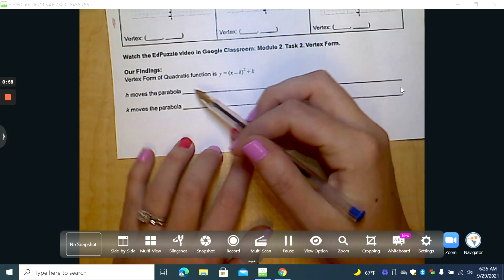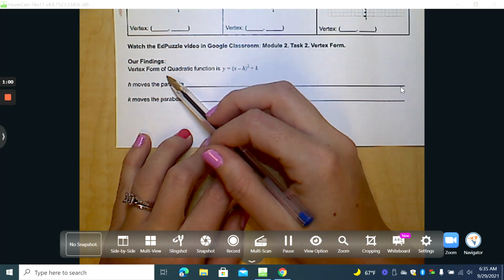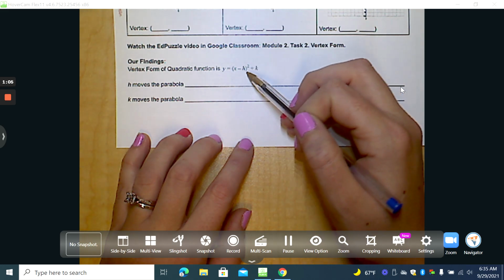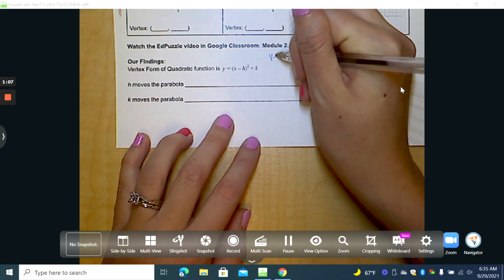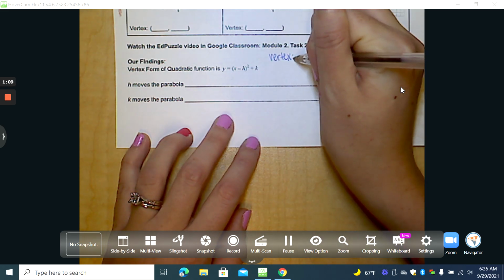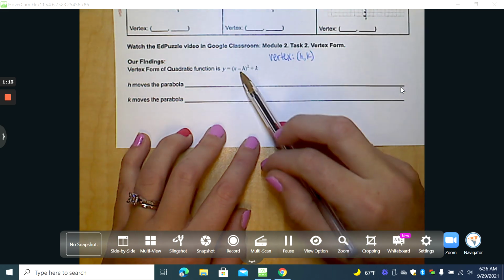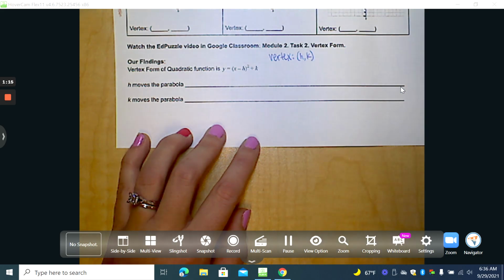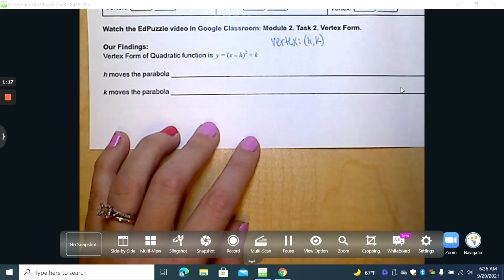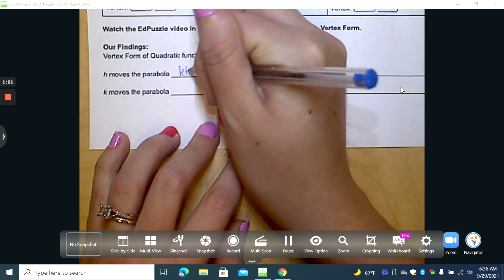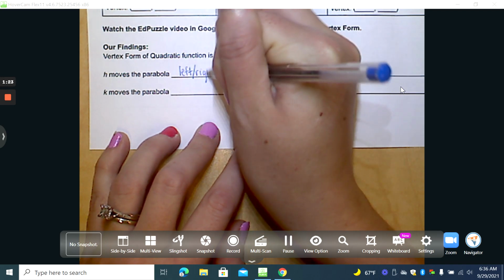When we have this vertex form of an equation, and I have a number in this h spot, my vertex actually corresponds with this h and k. And the number in that x minus h squared spot moves my parabola either left or right.